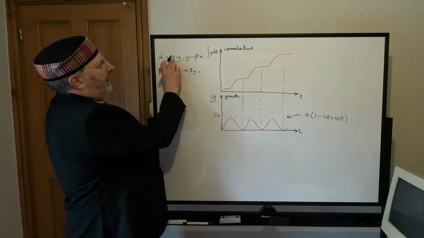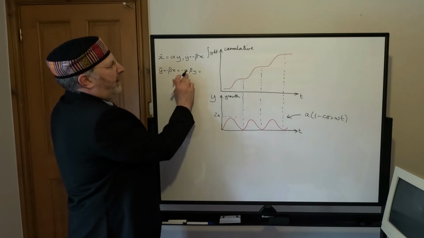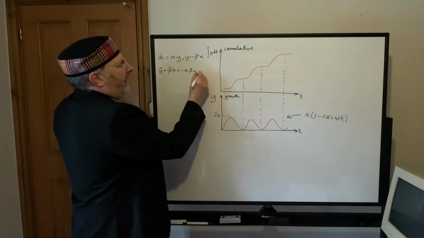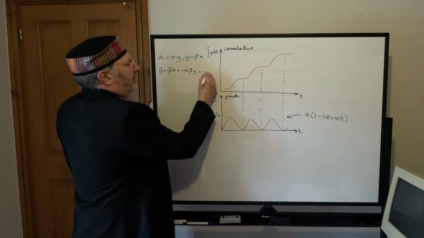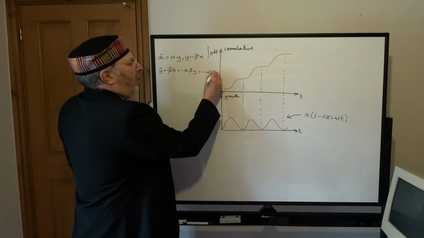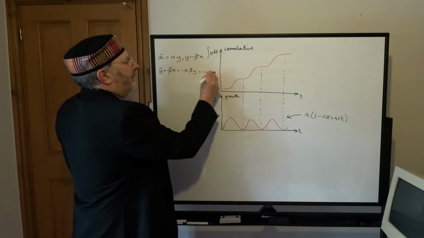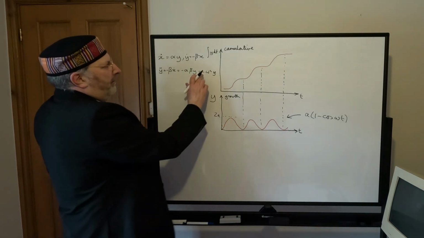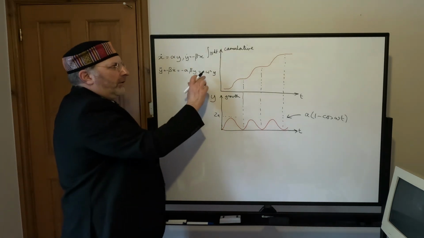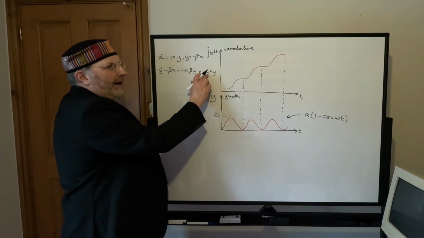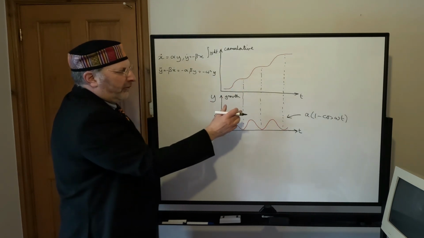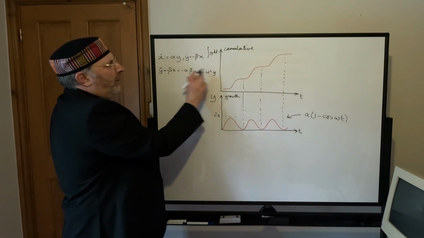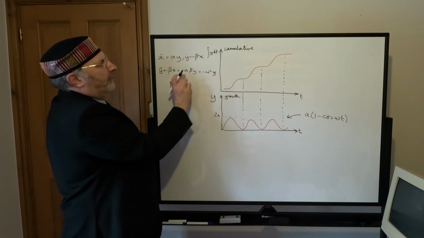So if we put that alpha y for this x dot, we get alpha beta y. We also had the minus sign, and we can write that as minus omega squared y, where alpha beta equals omega squared. And the reason we do that is because we know that if that's omega squared, then omega is the angular frequency of the oscillation.